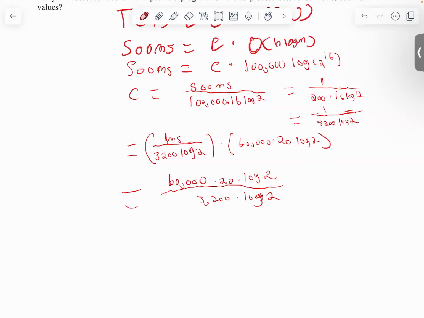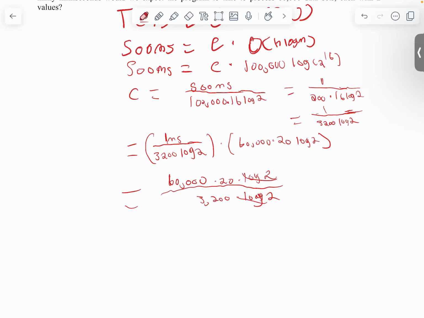From here, we can start simplifying things. The log 2 gets dropped. We can divide our 3,200 by 20, and I can do that in my head: that is 160.